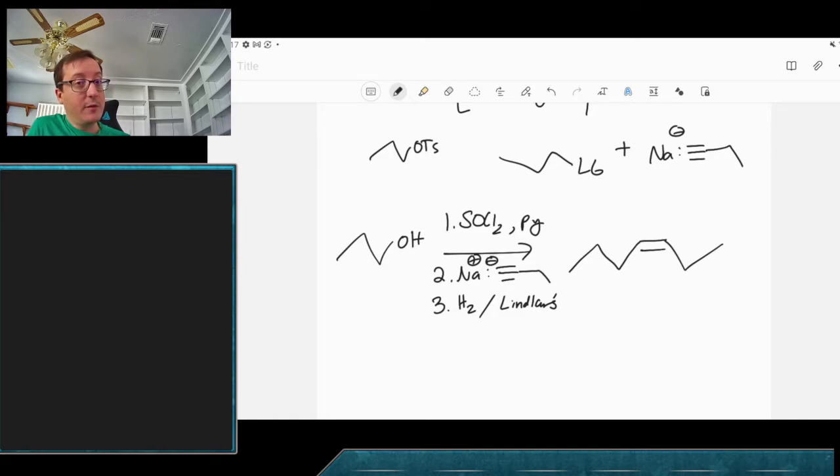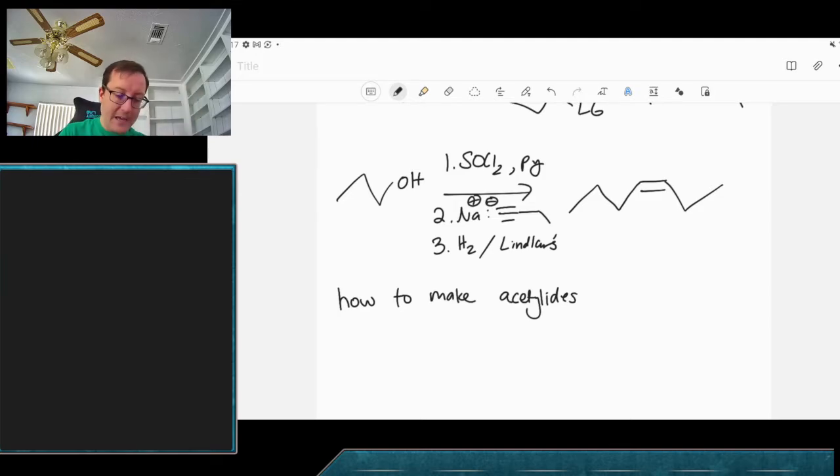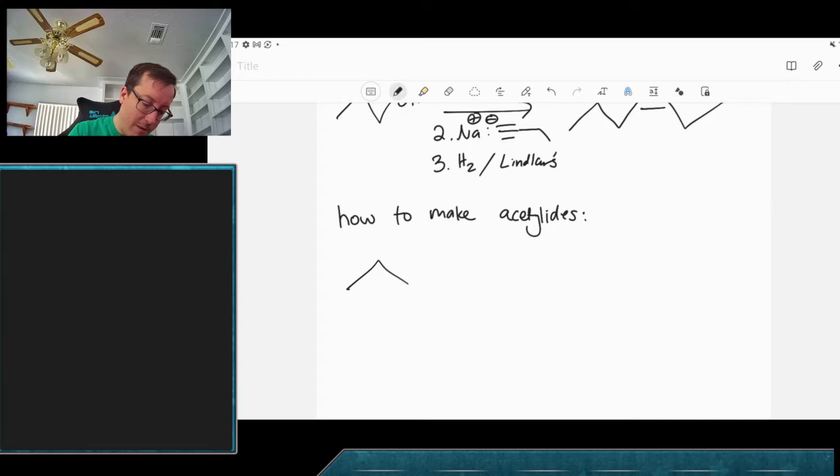We should review some important alkyne making reactions. If we want to review how to make acetylides, we'll start with an alkane.